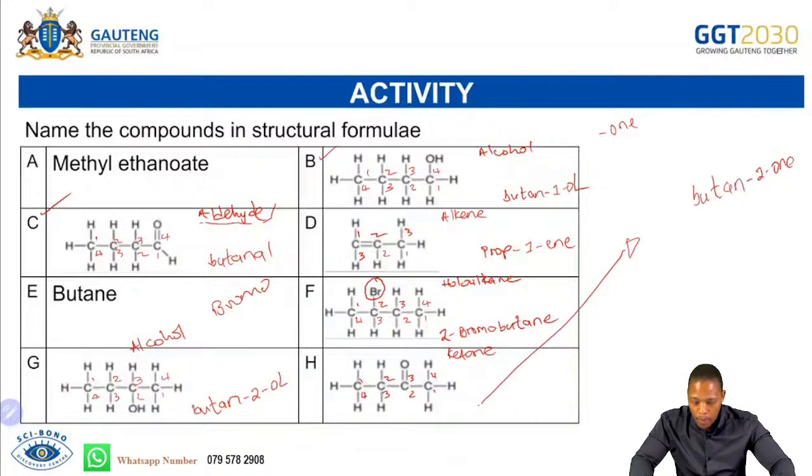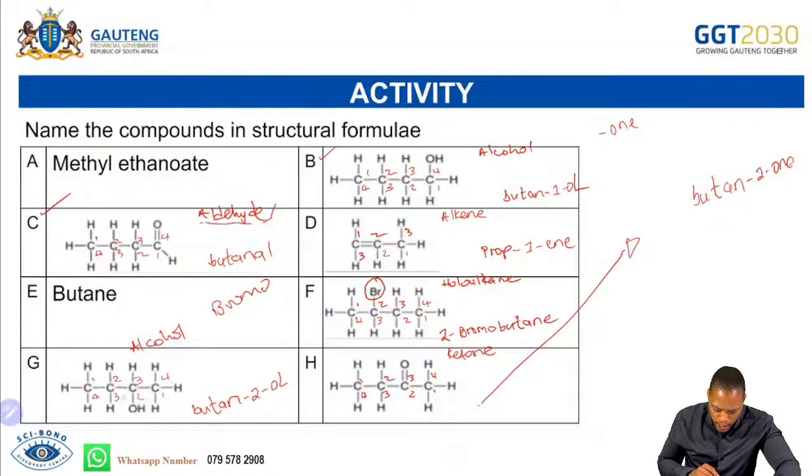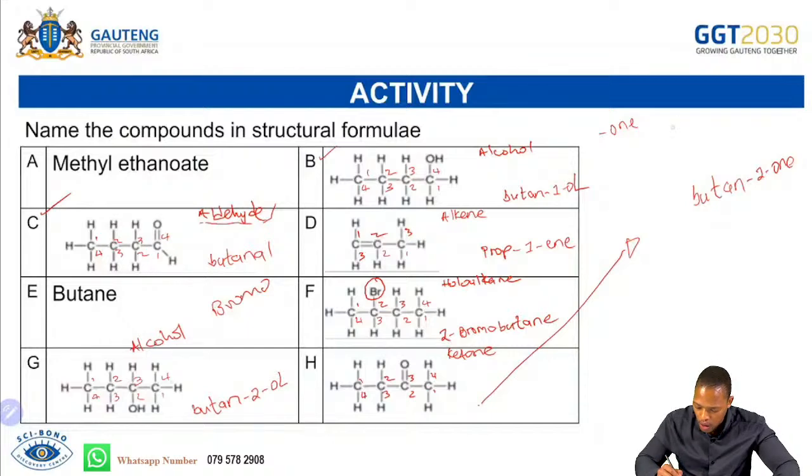Now, before I move on to the next activity, grade 12, I want us to take a look at G and B. And I want us to quickly try and find the molecular formula for each. I'll put the molecular formula for B here. This is C4, and H, how many? 1, 2, 3, 4, 5, 6, 7, 8, 9, 10.